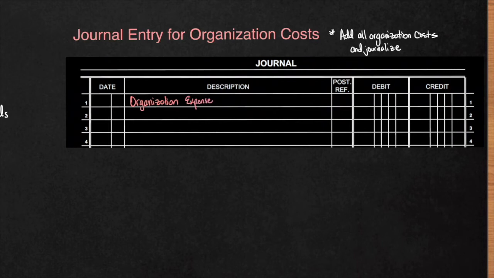Add all the costs up and debit one account, and that one account is organization expense for a certain large sum of money, and then you're going to credit cash. And there you have it. That is a very simple journal entry to incorporate as a corporation. So costs for incorporation.